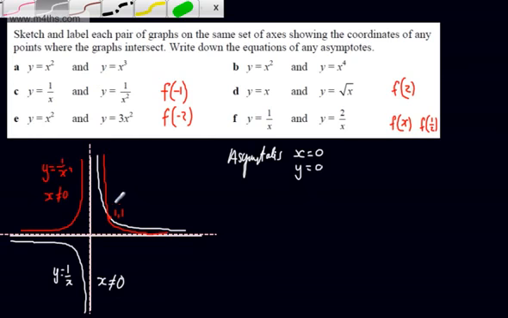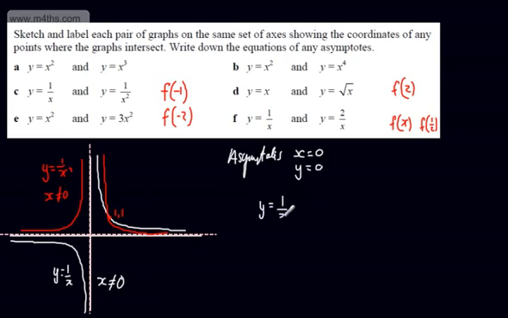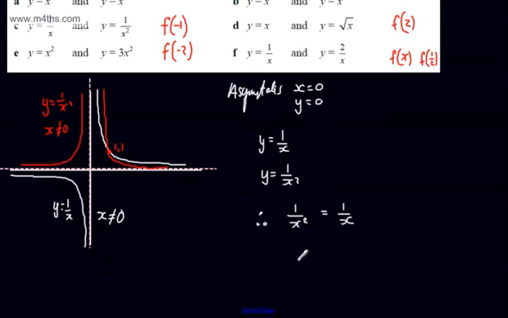So let's show algebraically that there's one point of intersection here. We've got y is equal to 1 over x, and y is equal to 1 over x squared. Therefore 1 over x squared will be equal to 1 over x. Therefore x squared will be equal to x.